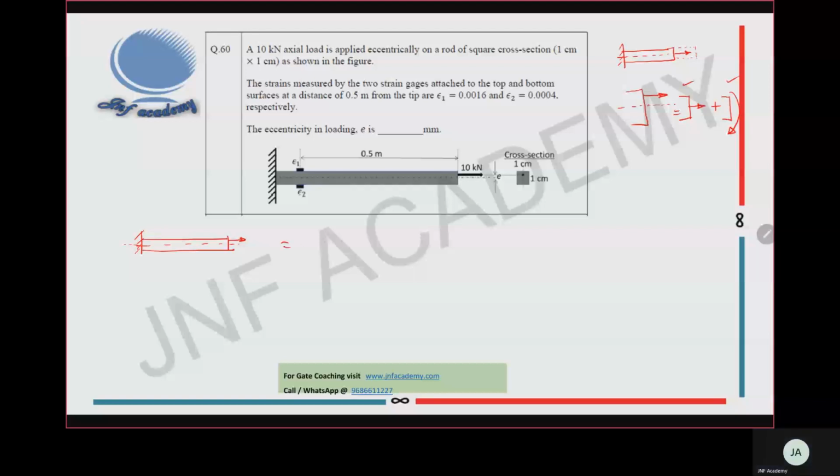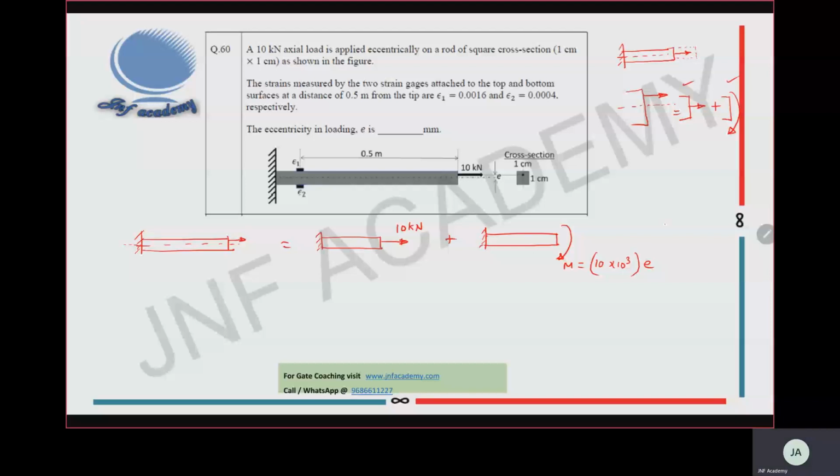Now I can idealize this into two cases: this 10 kilonewton load, plus the eccentricity which we have here, E. So I can take the moment, which is equal to 10 into 10 power 3, that is the force, into the perpendicular distance, that is E.